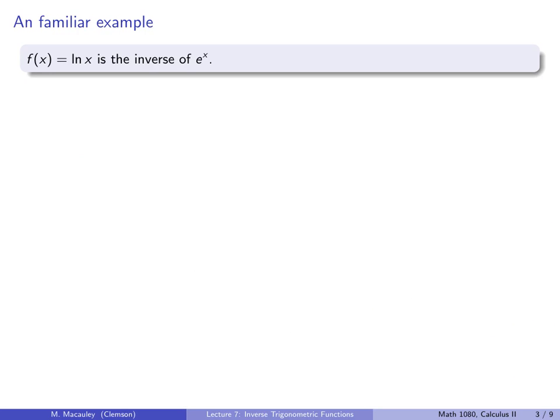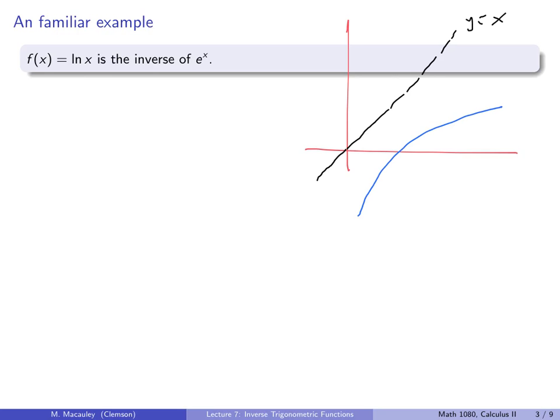A familiar example of this that we have seen recently is that the natural log function is the inverse of the exponential function. So if this is the line y equals x, the natural log function looks like this, and it intersects at 1.